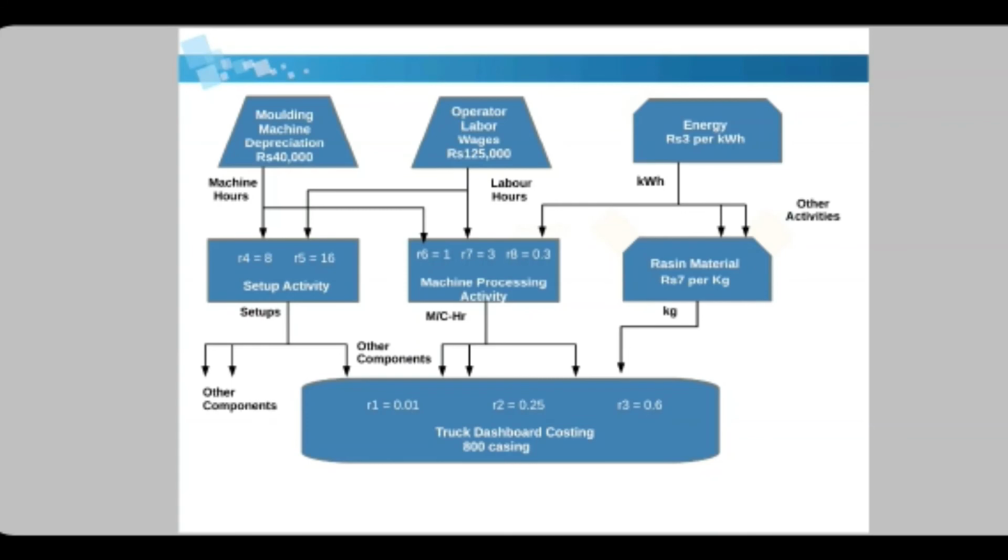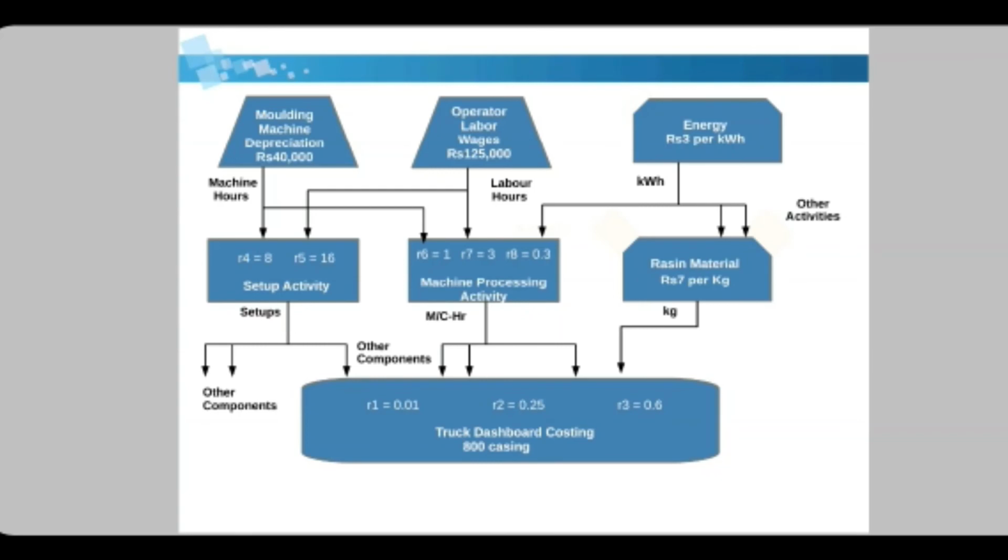Energy is used for machine processing activity and resin materials also. Likewise, setup activity is used for truck dashboard costing for 800 casings and for some other components. Machine processing activity is used for truck dashboard casing and for other components, and resin material is used for truck dashboard casing. Now you understand all these symbols and how they are used.